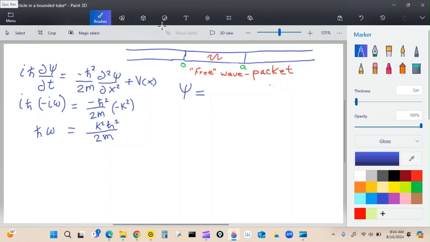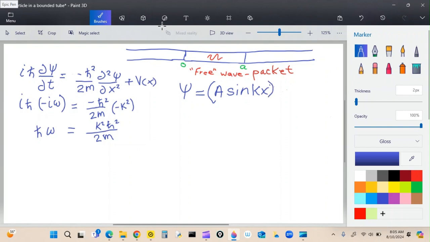I'm going to pick my function for the x as A times sine of kx. This is the x thing. And I'm going to put a constant in front of that x.